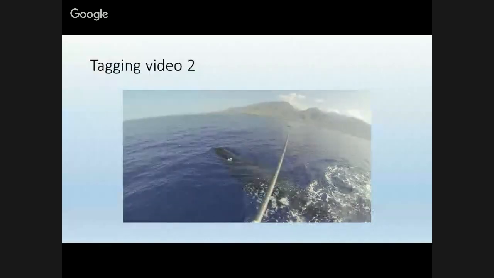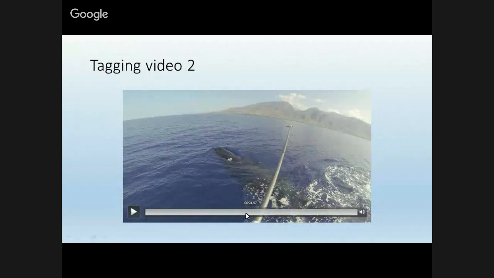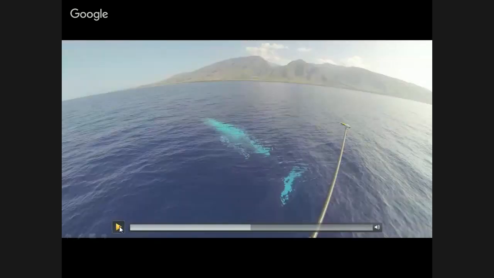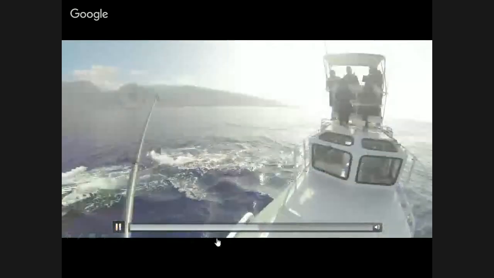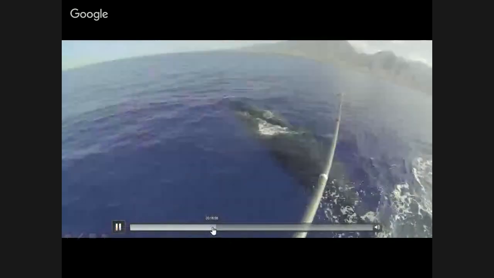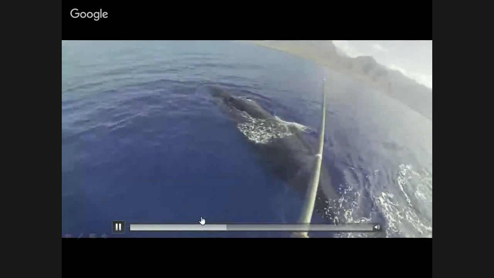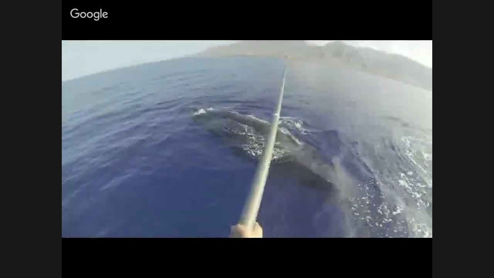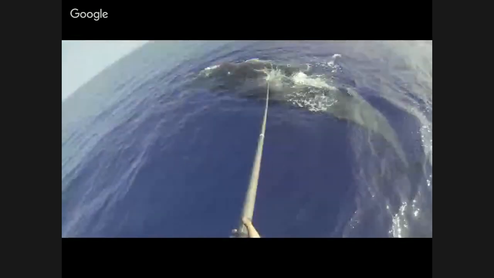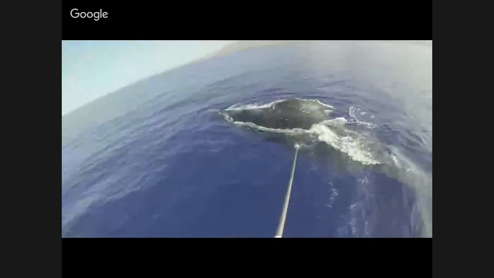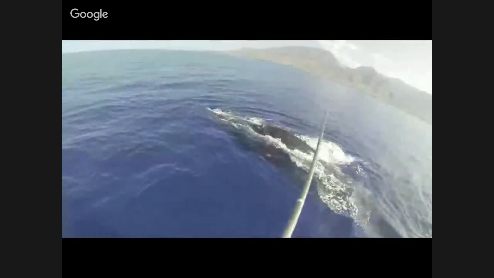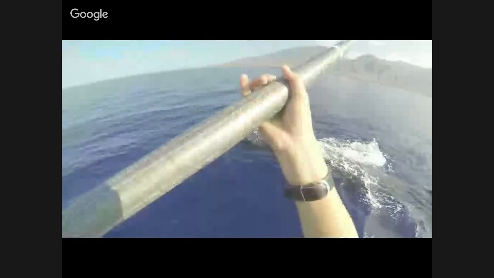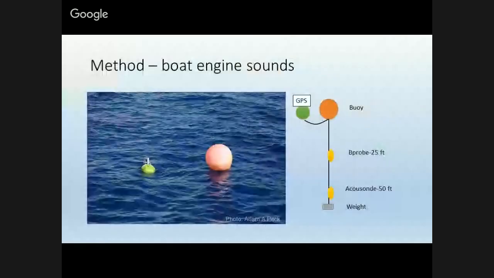So she was going back down, and we didn't know if the tag would stay on for a while, but it went on and it stayed. But it gives you an idea.